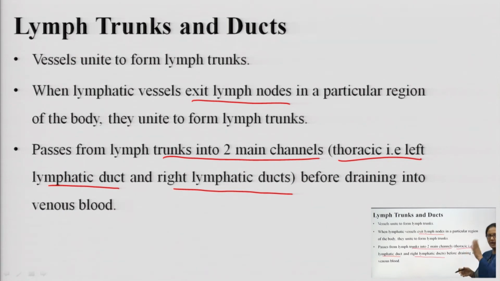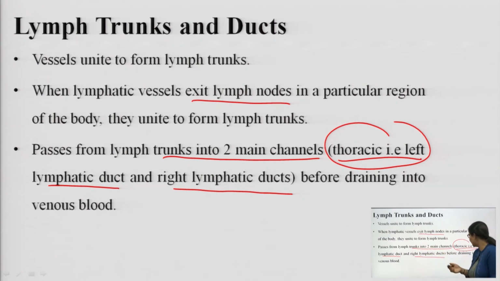If we divide the whole lymphatic trunk, it is of two types, right and left, and the left part is called thoracic. The thoracic lymphatic duct is also called the left lymphatic duct.